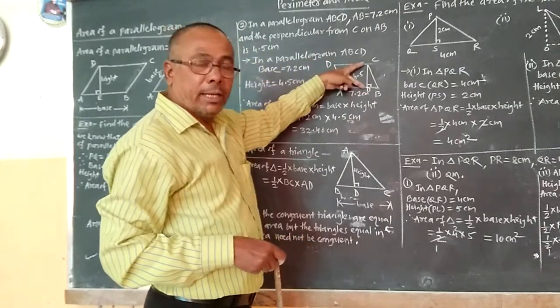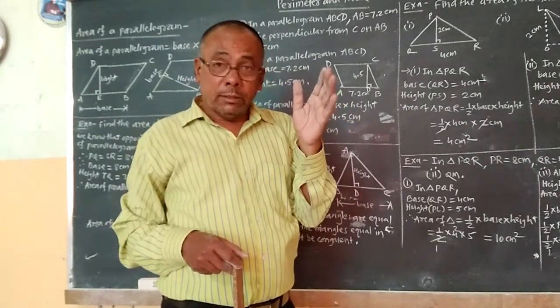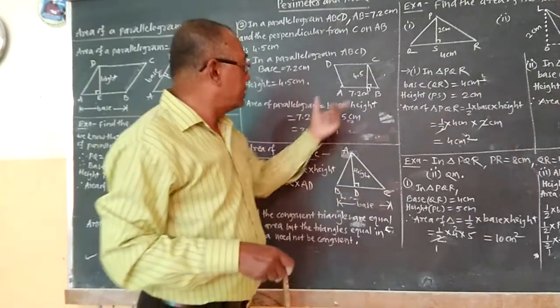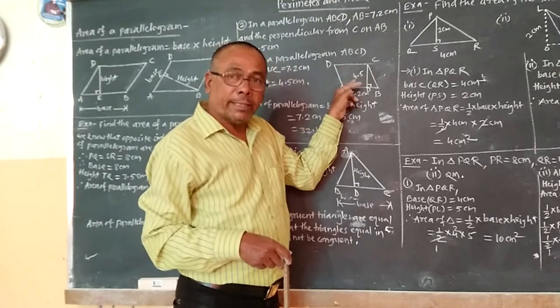The side to which the perpendicular intersects is the base, and therefore AB is the base and the perpendicular from C is the height.